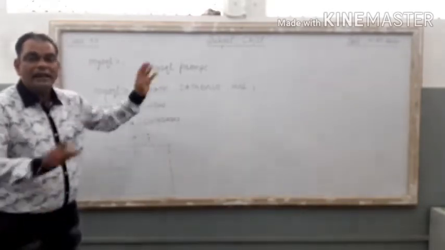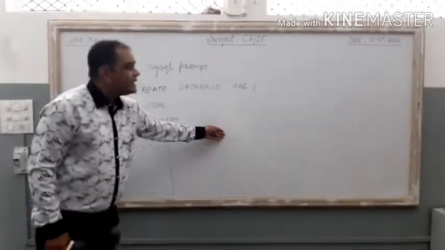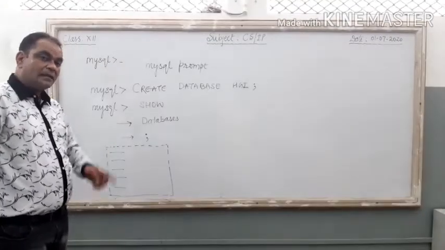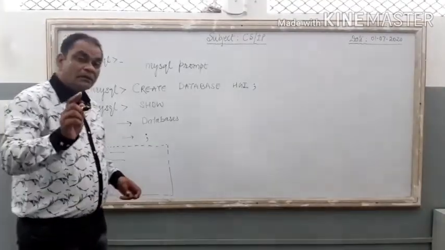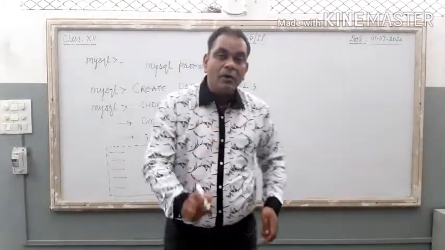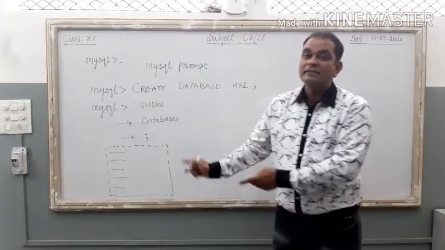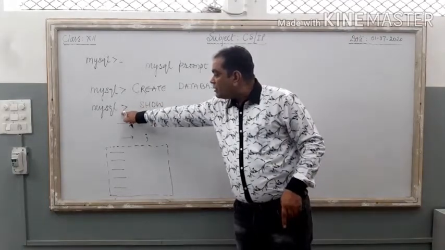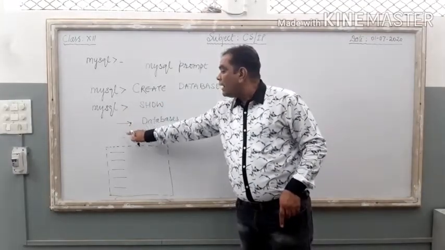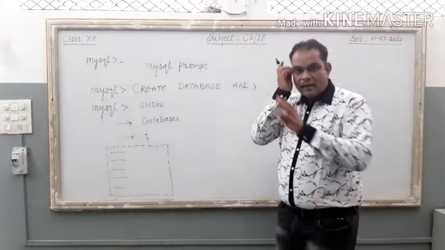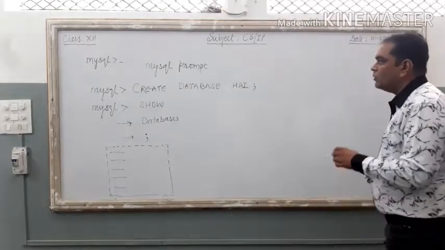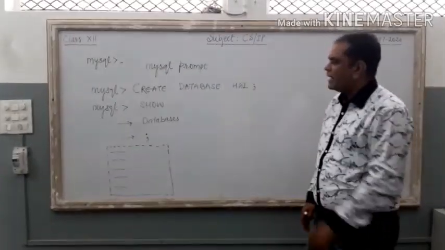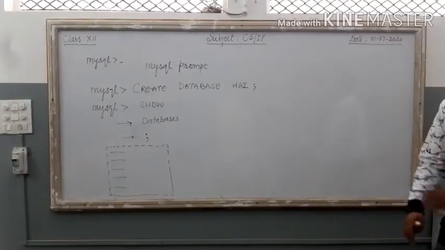Create in the first line, database in the second line, HGI in the third line, and in the fourth line you can put semicolon. Right? एक चीज हमेशा याद रखनी है, जब तक आप सेमीकोलन पुट नहीं करोगे, the command will not execute at all. Clear? And your MySQL prompt is converted into an arrow symbol. I hope it is clear. Right? So these are the very first two commands of MySQL. The first one is create and the second one is show.